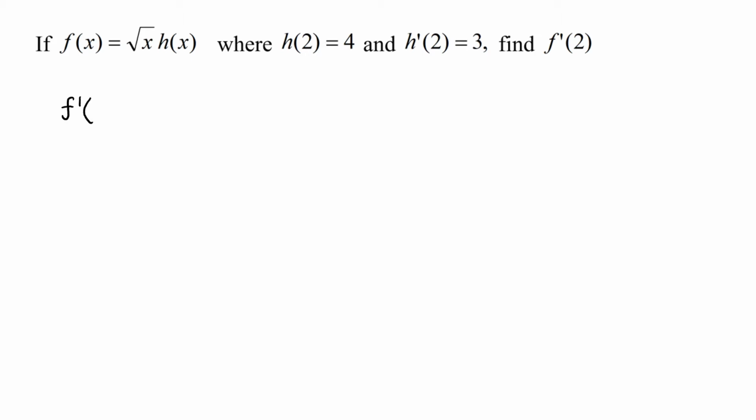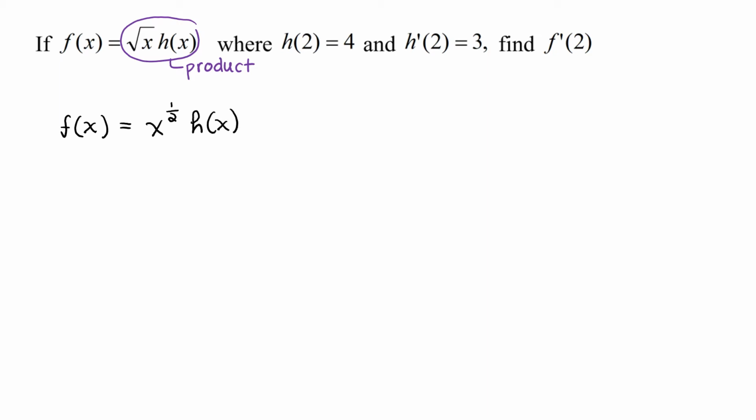So we have f prime of x is equal to, well, this is a product. And actually, for some people, the derivative of the square root of x doesn't jump out yet, so let's just rewrite f of x. So we have x to the 1/2 times h of x.